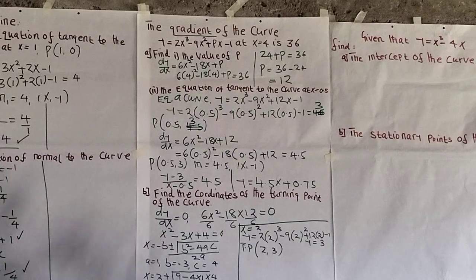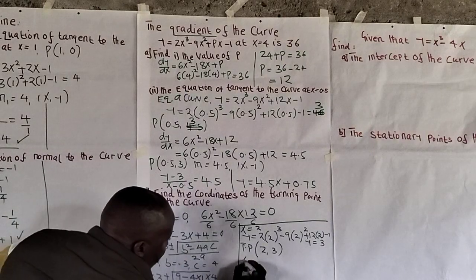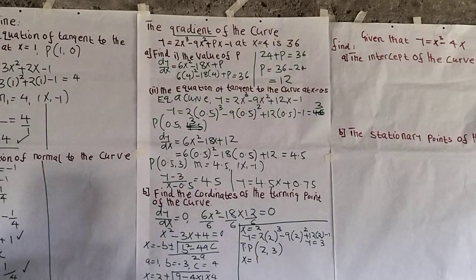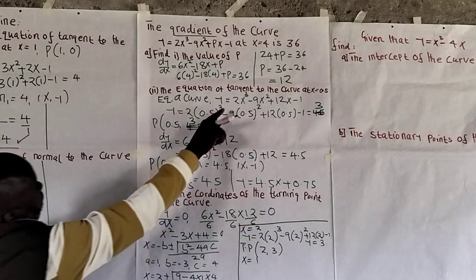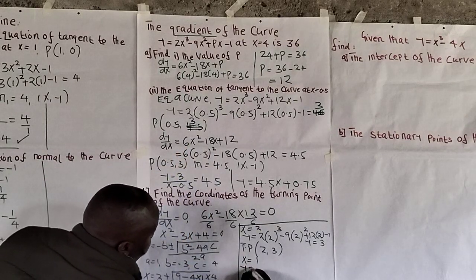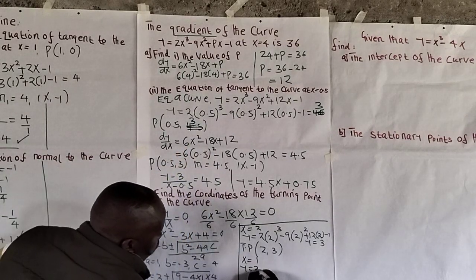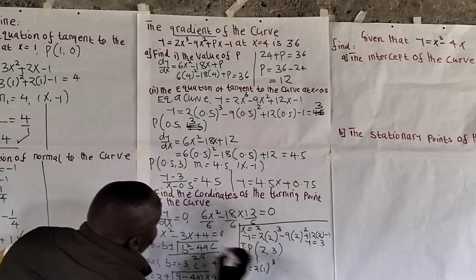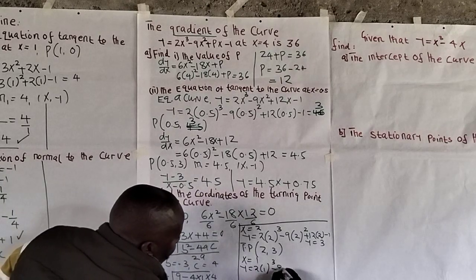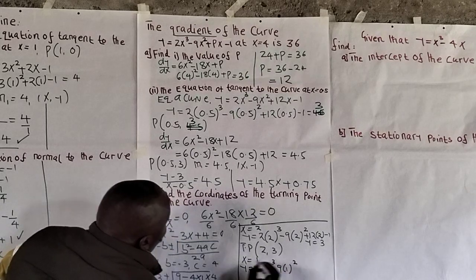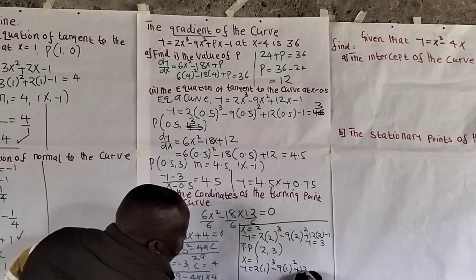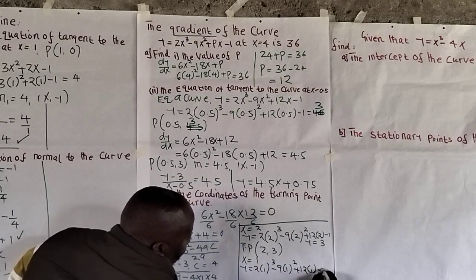The second turning point of the curve is at x equal to 1. When x is equal to 1, what is the value of y? So y is equal to 2 into bracket 1 raised to power 3, then minus 9 into 1 squared, then plus 12 into 1 minus 1.